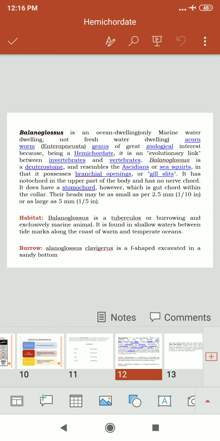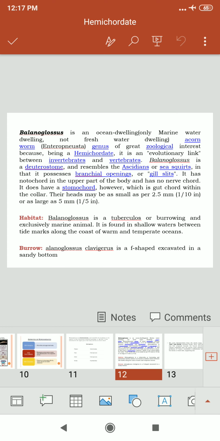It is a genus of great zoological interest because, being a hemichordate, it is an evolutionary link between invertebrates and vertebrates, and it is mainly found in shallow waters between the tide marks along the coast of warm and temperate oceans.